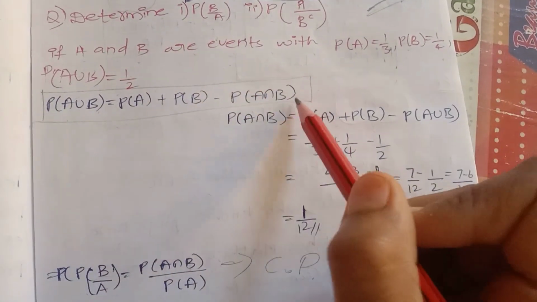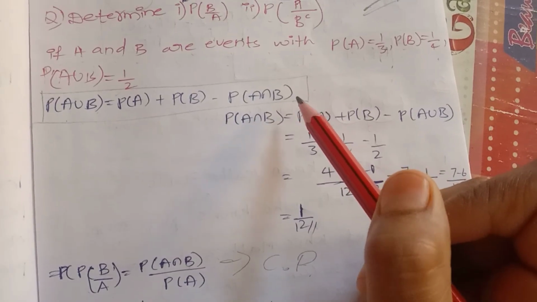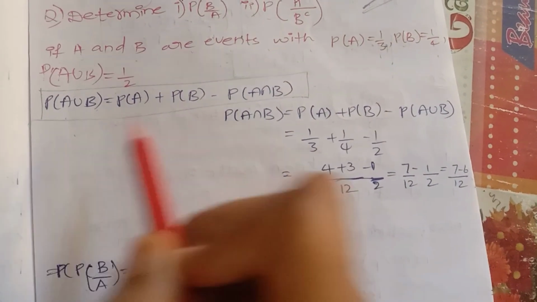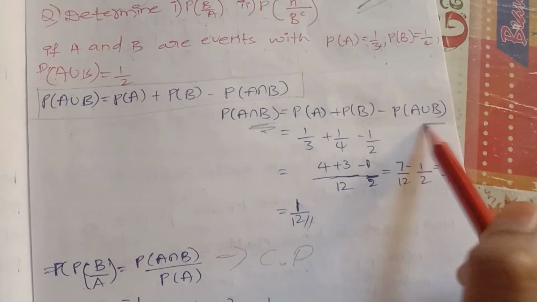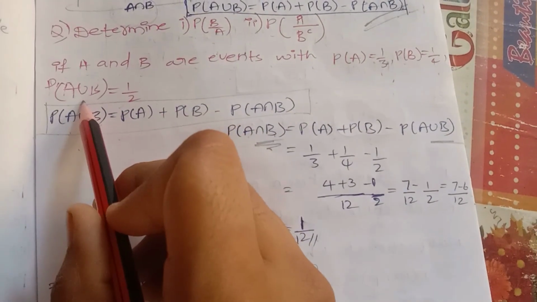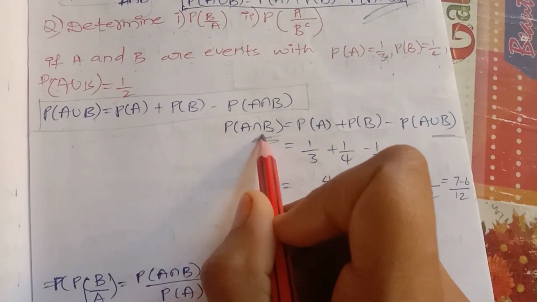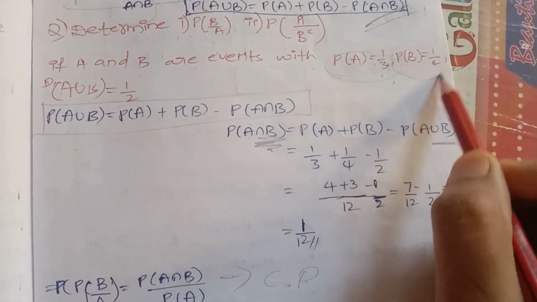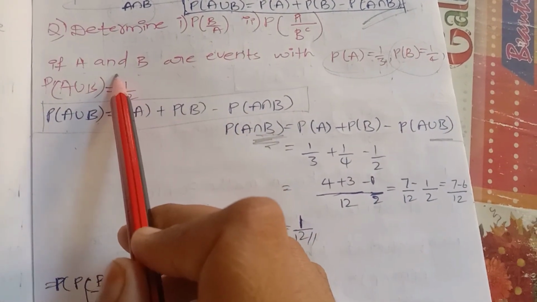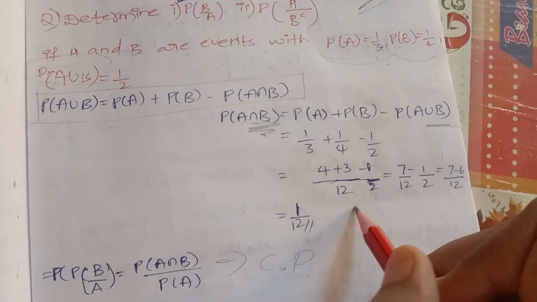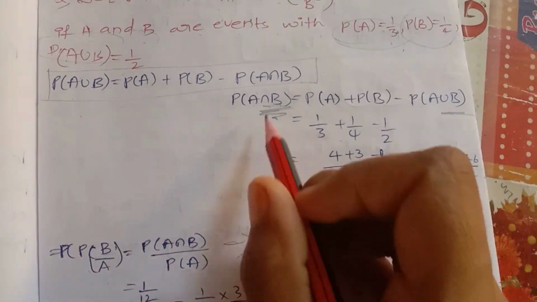P of A intersection B equals P of A plus P of B minus the union term. Solving by LCM, we will get the value of A intersection B.